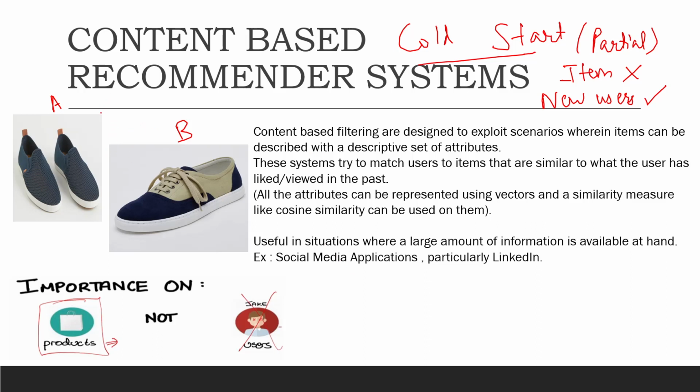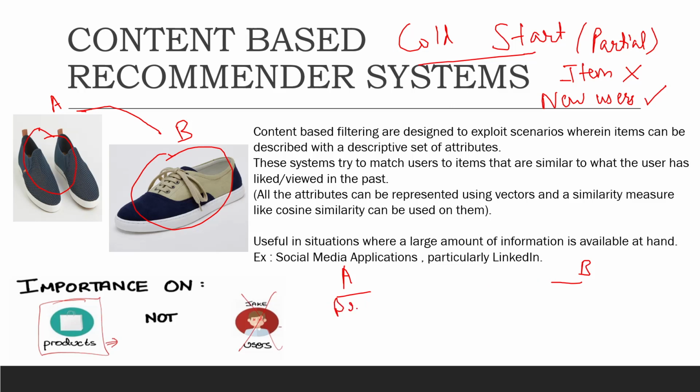One way of visualizing how these two are found to be similar is by assuming that all the properties of the items in question, product A and product B, are listed in the form of key value pairs. Suppose we have product A here and product B over here. Let's make key value pairs.